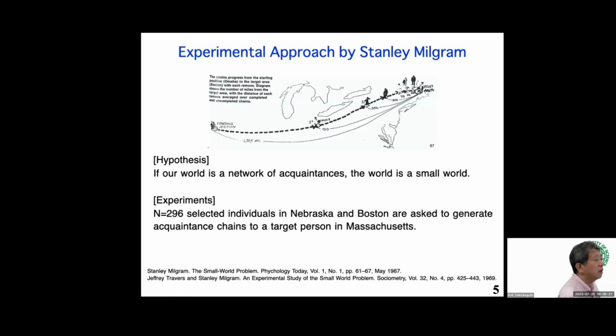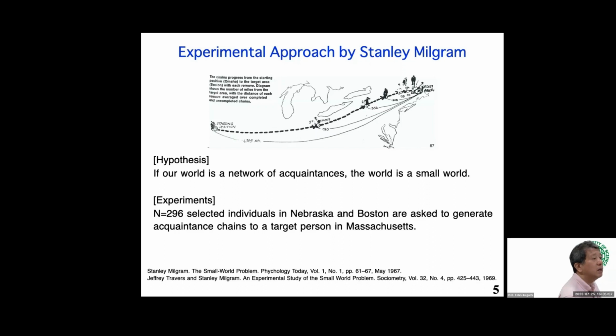First, Milgram hypothesized that if our world is a so-called network of friendship, then our world is in some sense small. One of the simplest ways of formulating the small world problem is: what is the probability that any two people selected arbitrarily from a large population, for example the United States, will know each other?